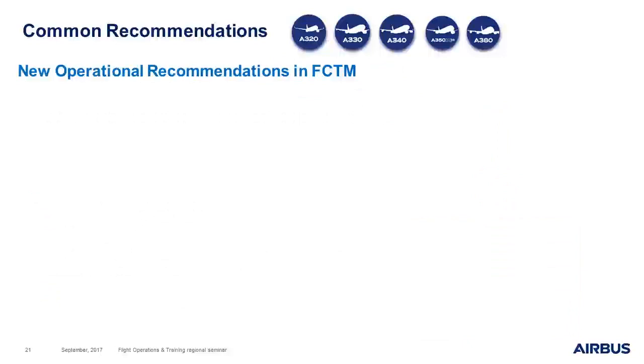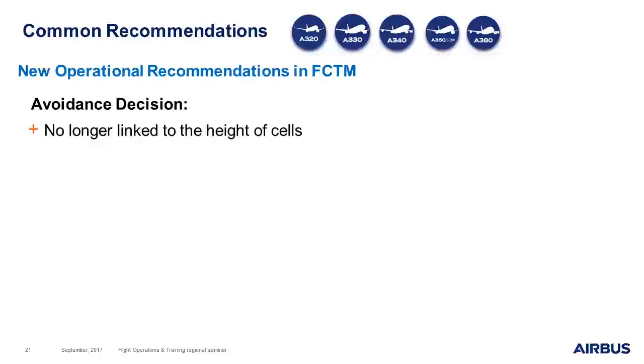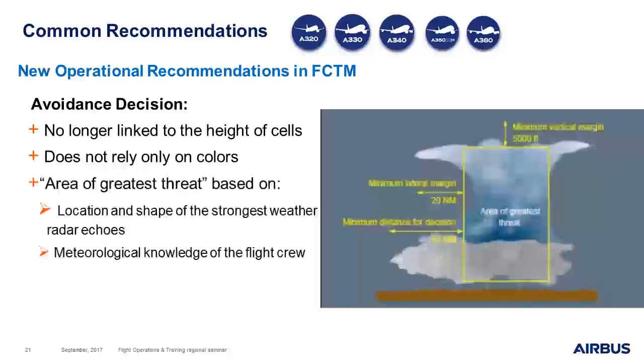In addition, we have new operational recommendations in the FCTM for all programs. Regarding avoidance decisions, it is no longer linked to the height of the cells, and it does not rely only on colors. We have recently introduced in the FCTM the notion of area of greatest threat. This area of greatest threat is based on the location and shape of the strongest weather radar echoes, but is also based on the meteorological knowledge of the flight crew.